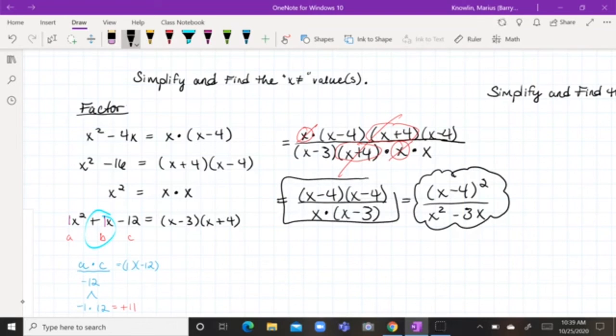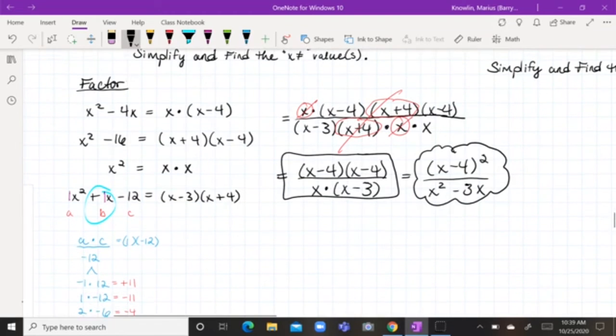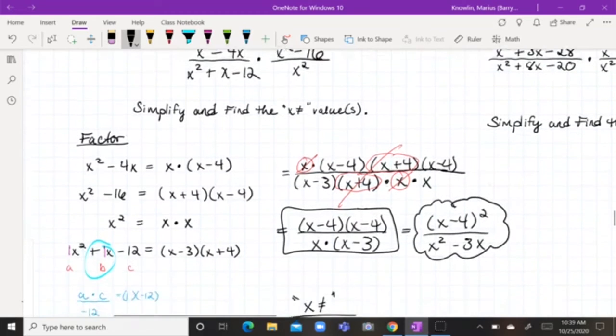You could also write it this way as well. Now when we're looking for the excluded values, the x not equal to values, we're only taking a look at the denominator.